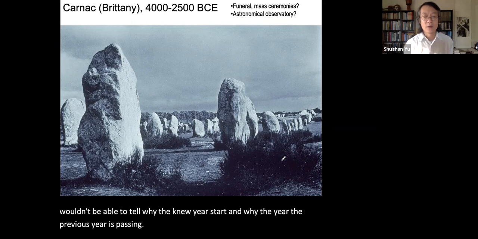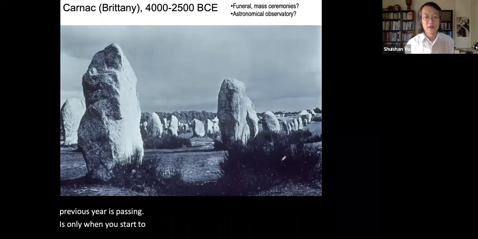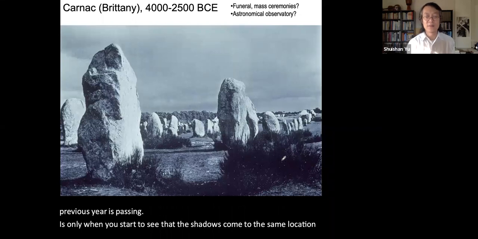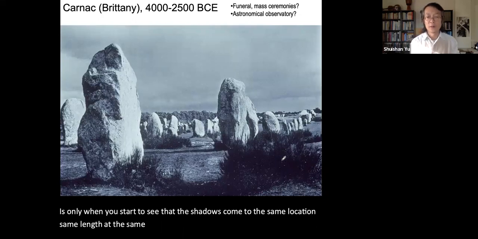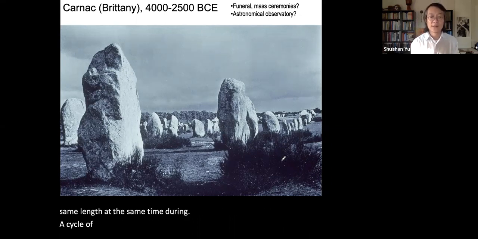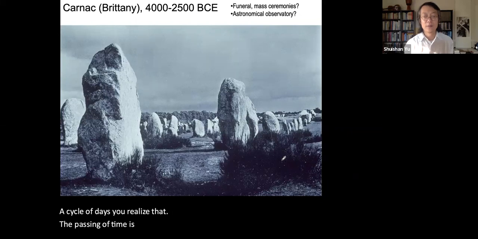It's only when you start to see that the shadows come to the same location, same length at the same time during a cycle of days, that you realize the passing of time is cyclical, is repetitive.